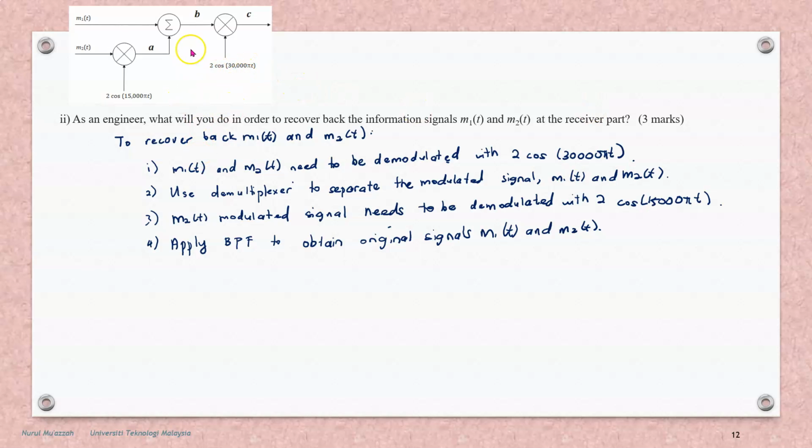And then first use the demultiplexer to separate M1t and M2t, and the M2t modulated signal needs to be demodulated with the same carrier function, which is 2 cosine 15,000 pi t. And finally, we need to apply a bandpass filter, because when you demodulate, the signal will be doubled many times from here to here, and apply a bandpass filter to obtain the original signals M1t and M2t.